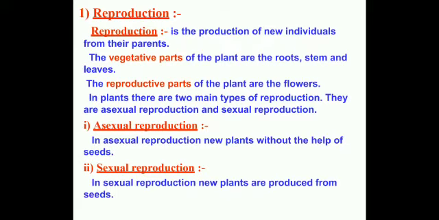That is, seeds are not required in asexual reproduction. Then coming to sexual reproduction, the production of new plants is generally by seeds. In other words, seeds are required for the production of the new plant.